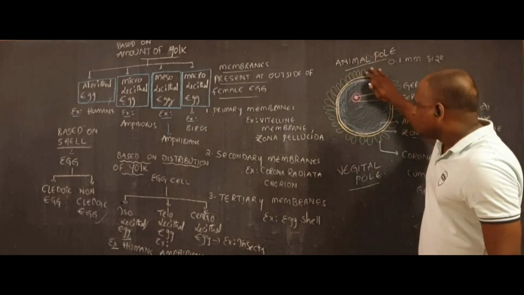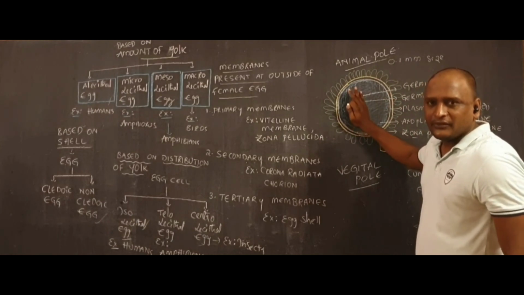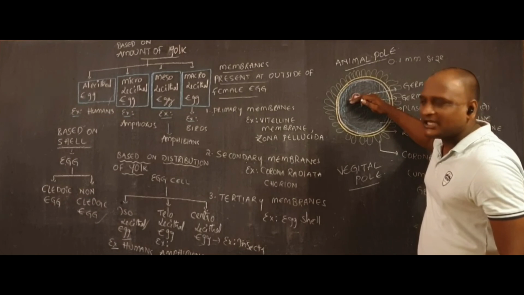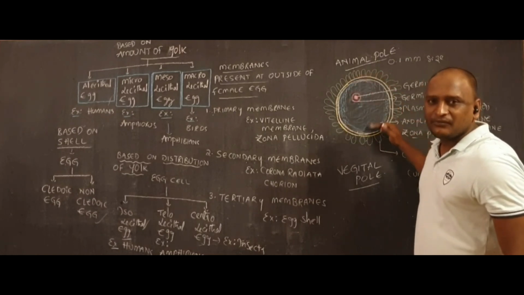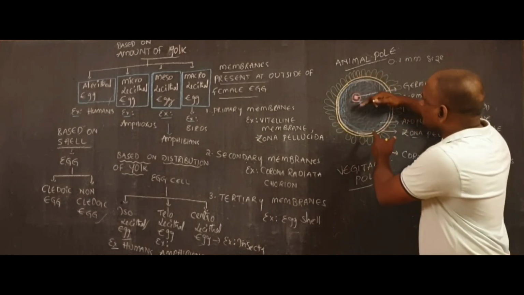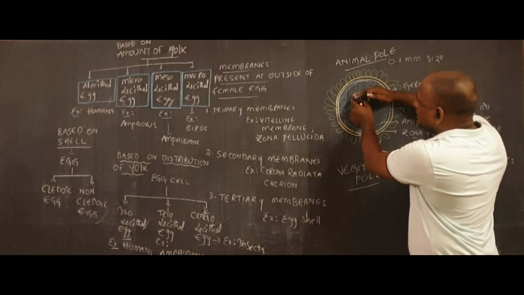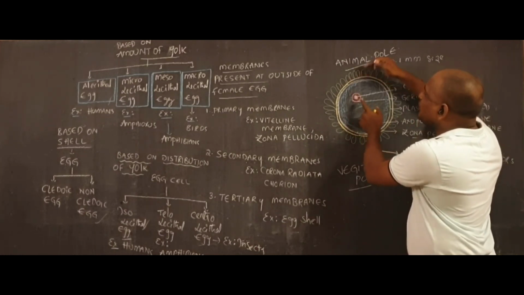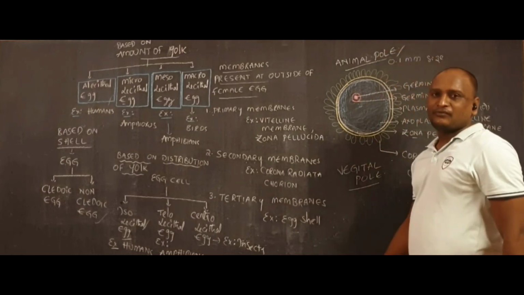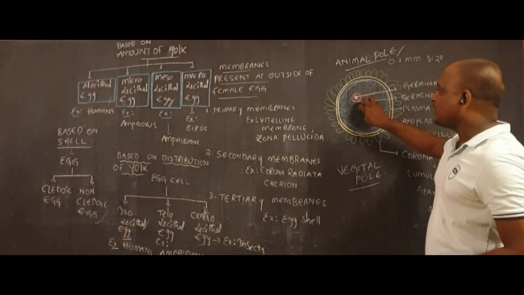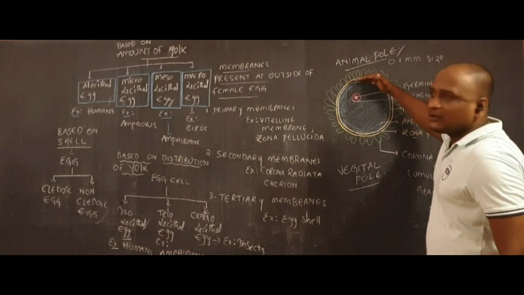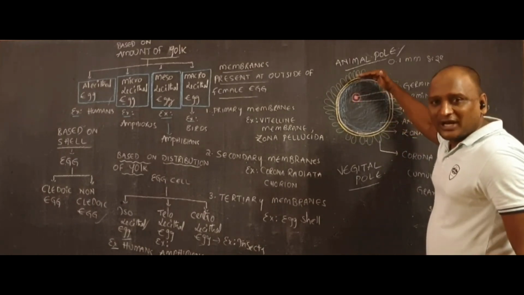Animal pole means, in the entire female egg, the side where the nucleus is present, on any one side of this egg cell. If the nucleus is present at this pole side, that pole is called the animal pole. The nucleus is not present in the middle; it is present very close to one side.